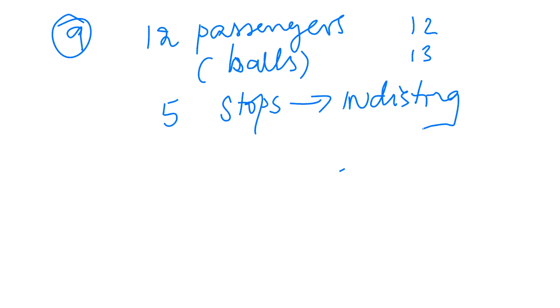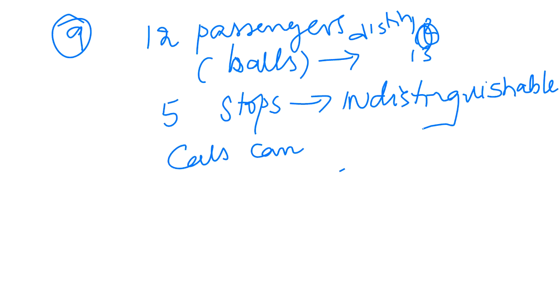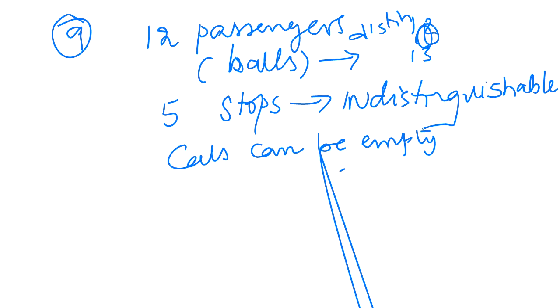We are interested only in the passengers. So this is like case 3? This is like case 3, you are right. And the balls are distinguishable. Okay. So now in this case, the cells can be empty because there are some stops people might not have even got down. Man, this is really bad. Even my hands are writing here.